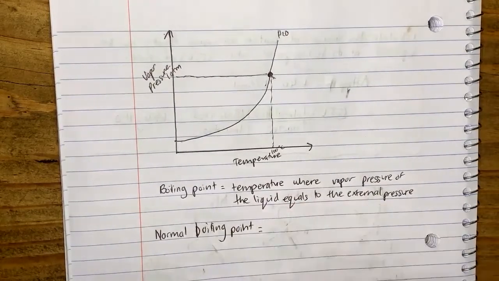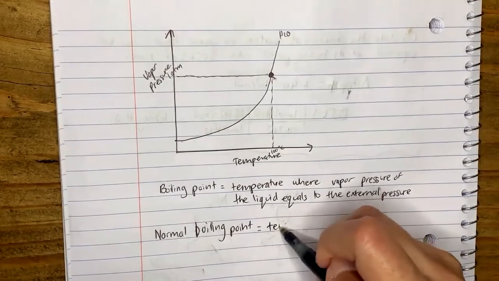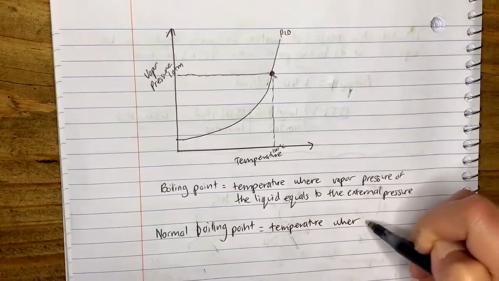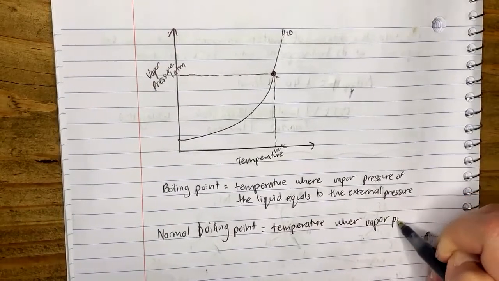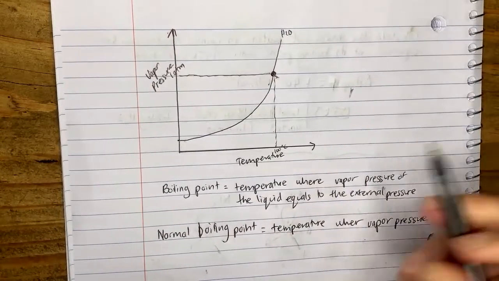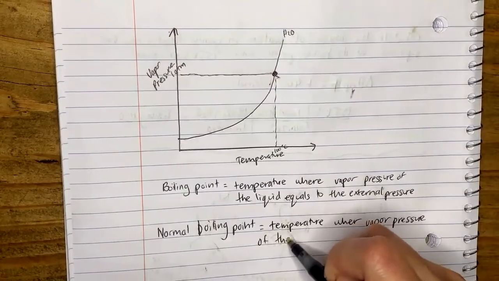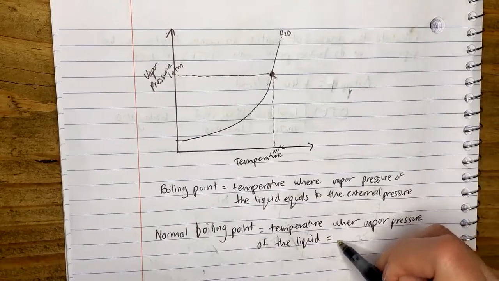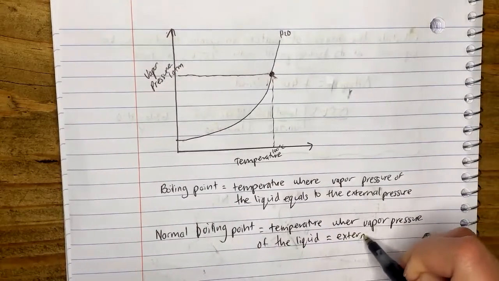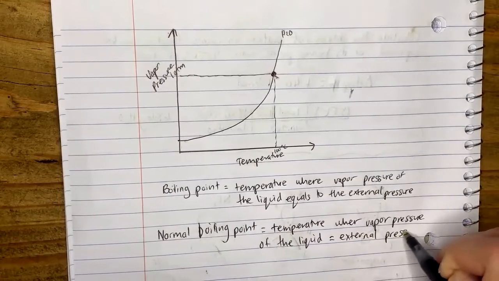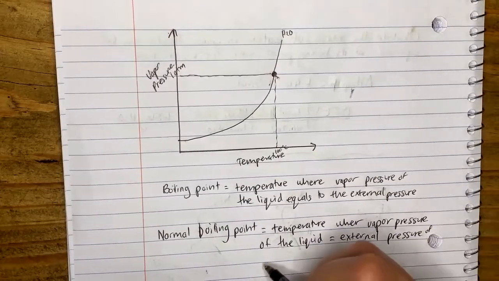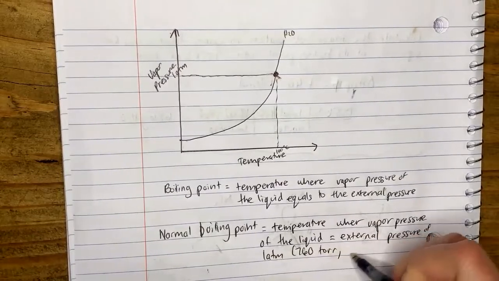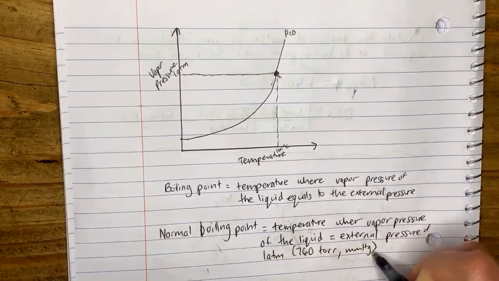Normal boiling point means the temperature where the vapor pressure of the liquid is the same as the external pressure of 1 atm, or we can say 760 torr, millimeters of mercury, same.